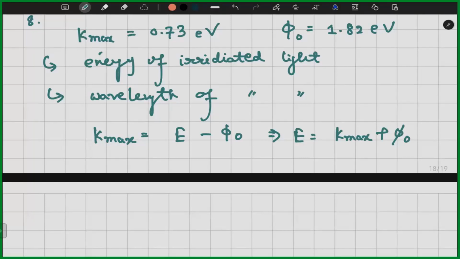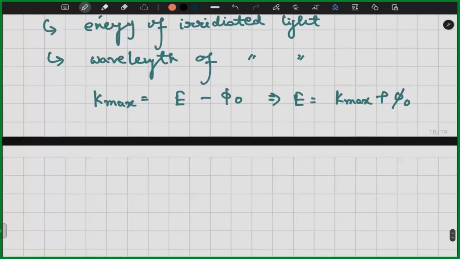That energy is the work function phi 0, and the rest of the energy, the remaining amount of energy, is converted into the kinetic energy of that electron. So if we add the kinetic energy of the electron and the work function of the metal, then we can find out the energy of that electron.